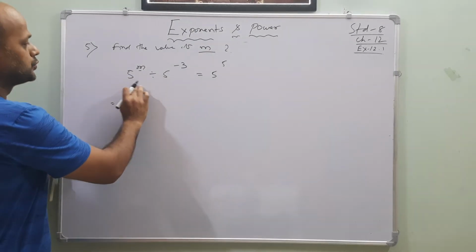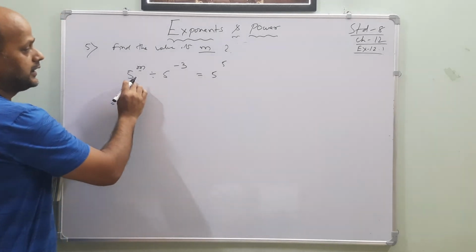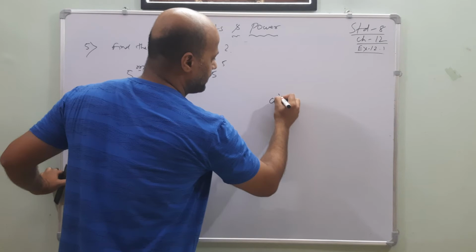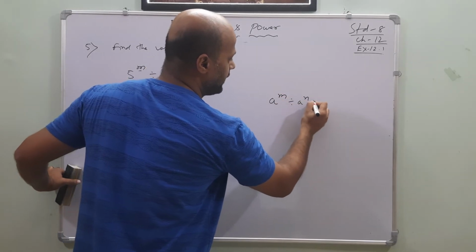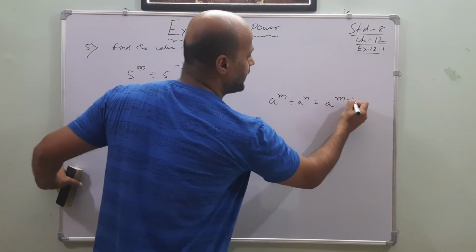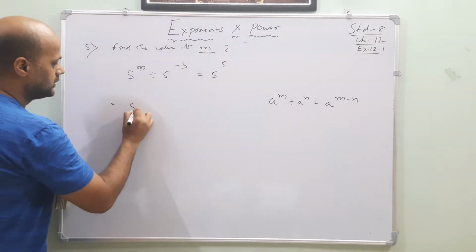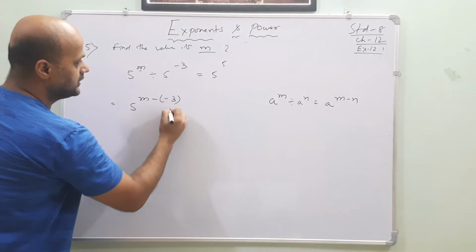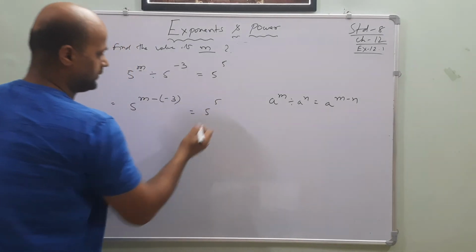So what is the formula? A power of m divided by a power of n is equal to a power of m minus n. So put it here: 5 power of m minus of minus 3 is equal to 5 power of 5.